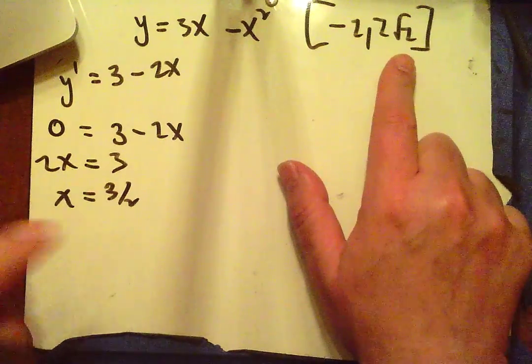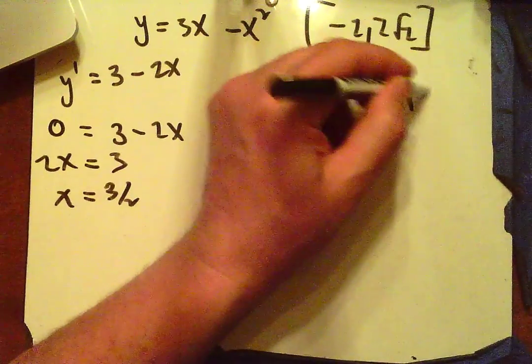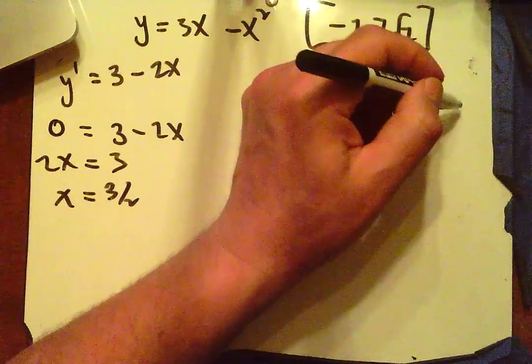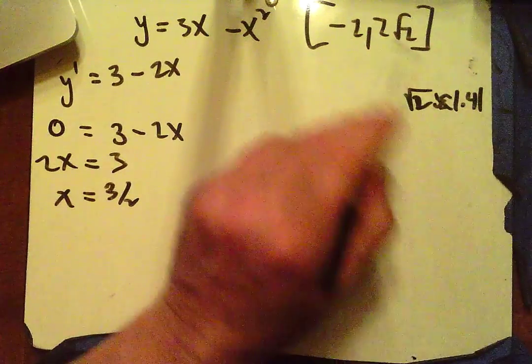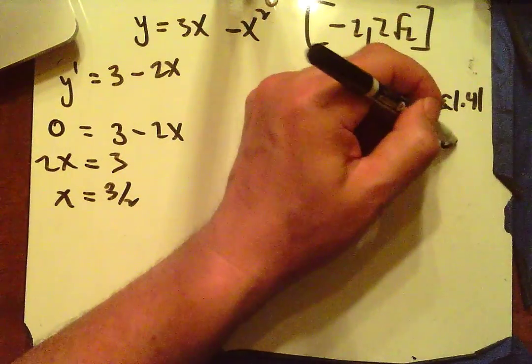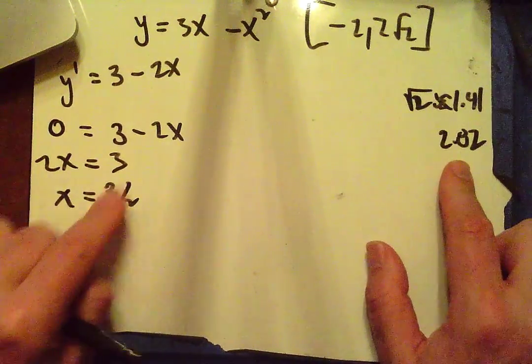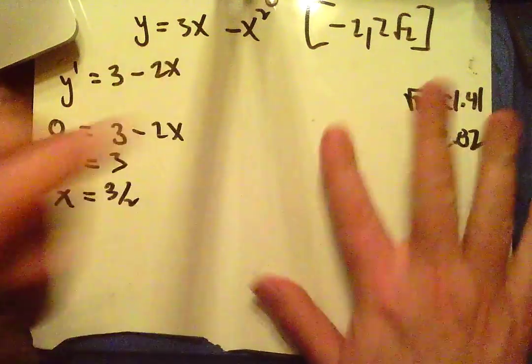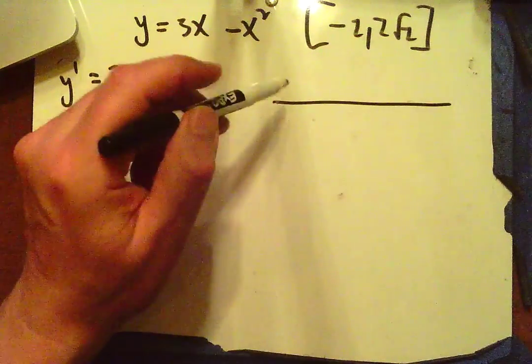And is 3 halves on this? Well, I think so. I know the square root of 2 is approximately 1.41. And if I multiply that by 2, I've got 2.82. Well, this is 1.5, and that's in between negative 2 and 2.82. So I think this point goes on our number line.